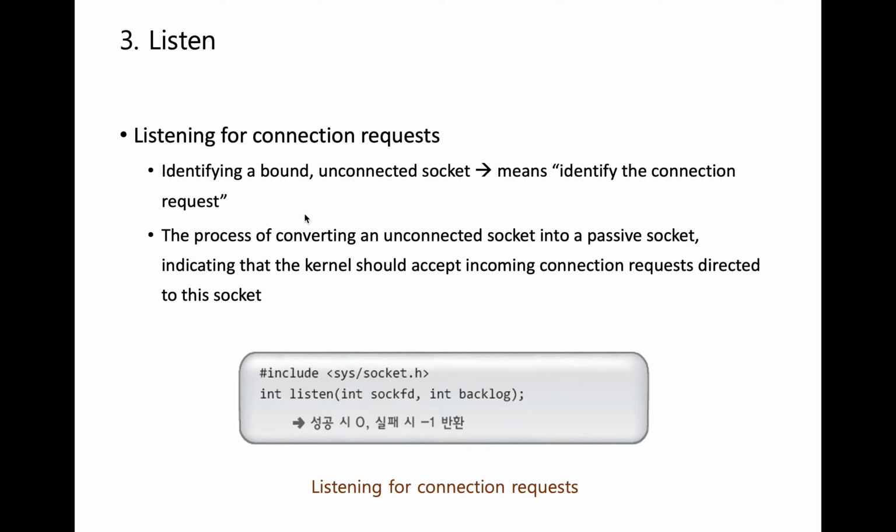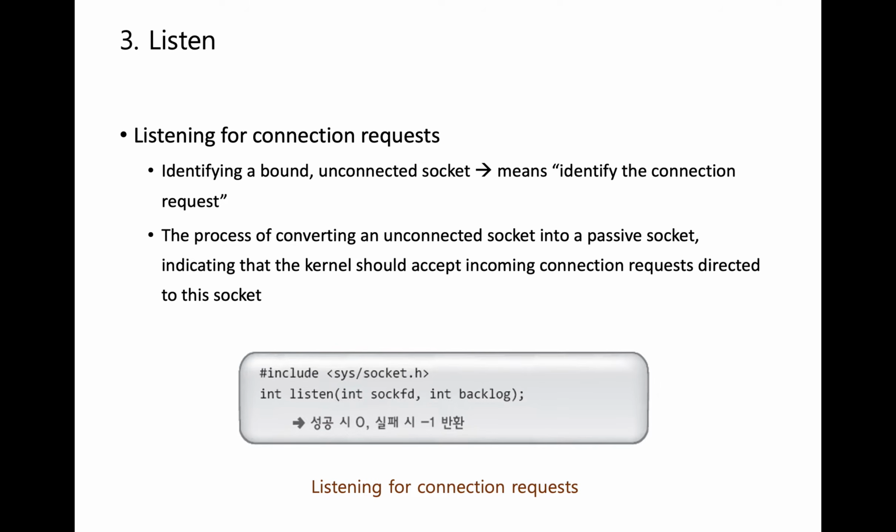Usually when devices communicate with each other, one device has to be listening. That means one device has to be open to connections from other devices. That role is usually played by a server.